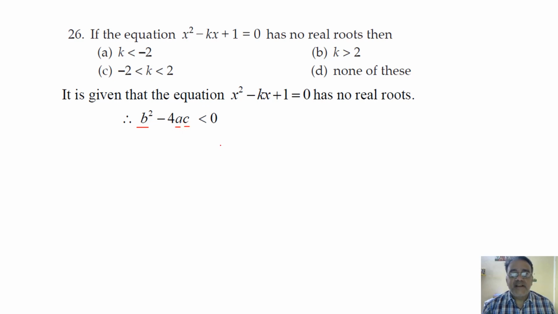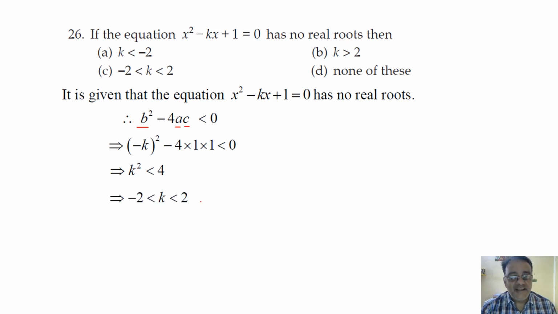So we are getting minus k whole square minus 4 into 1 into 1. So k square minus 4 less than 0, ये अभी मैंने समझाया था. So minus 2 less than k less than 2. This answer is clear. Yes, sir. So the correct option is option C.